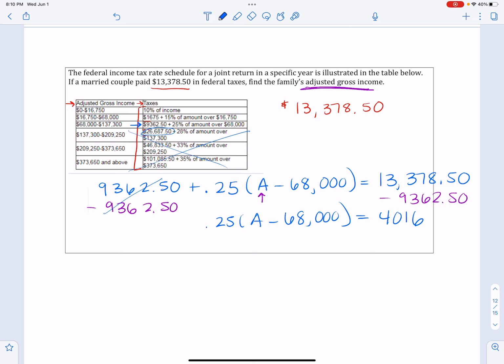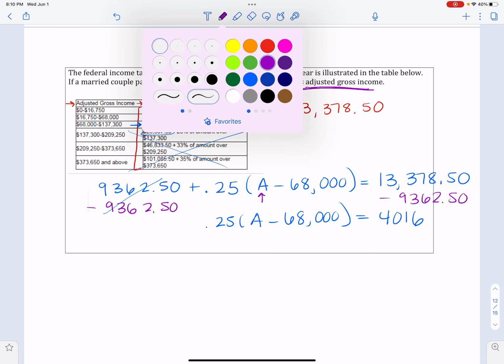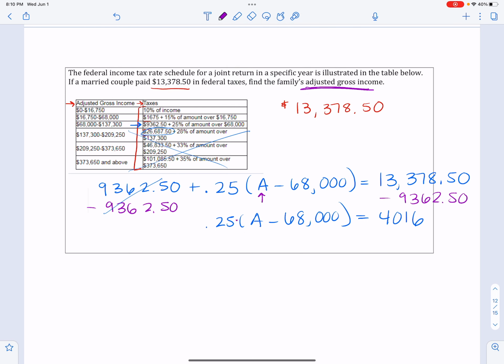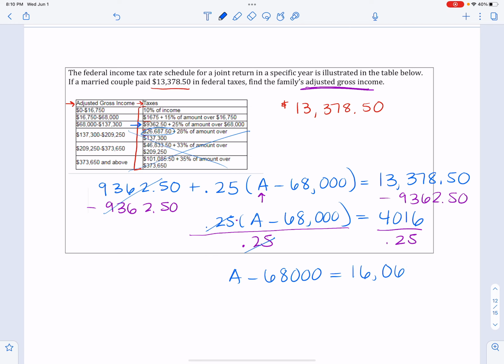Now, we talked about this in one of our earlier problems. When something is being multiplied, which that 0.25 is, the way we get rid of it is we divide both sides by that value. And again, what's going to happen, it'll go away here. We'll be left with A minus 68,000. And on the other side, if I divide 4,016 by 0.25, I get a value of 16,064.